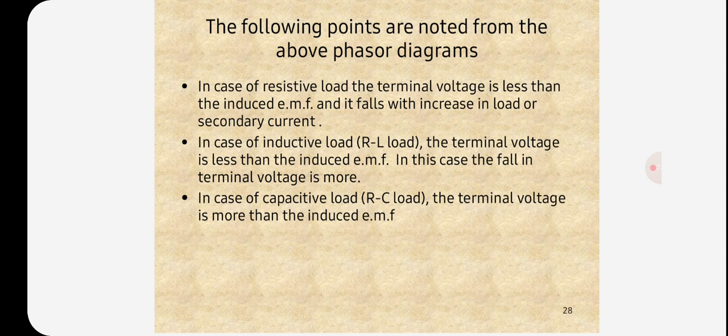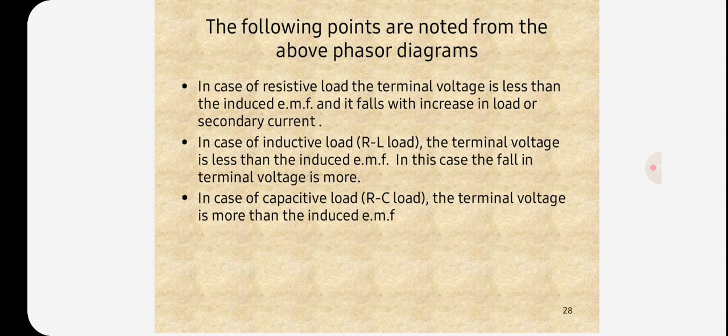to current vectors. So the equivalent impedance: it shows the transformer having primary and secondary windings with resistance R1 and R2, and leakage reactance X1 and X2 respectively.